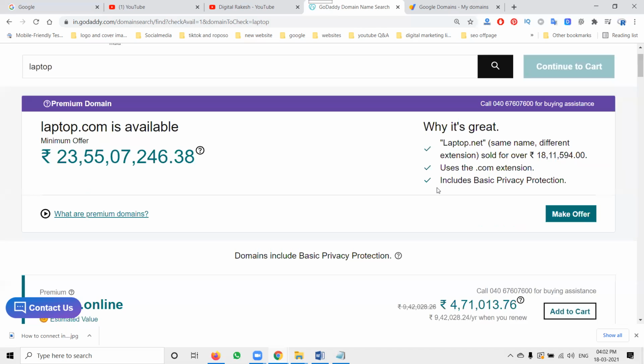Second will be the simple domain price like 1000, 1300 up to 2000. Third condition, every year the domain price will increase. So these are the conditions you can follow. Purchase a domain anywhere, like GoDaddy, BigRock, Google Domains, anywhere you can purchase. These conditions are very important when you purchase a domain name.